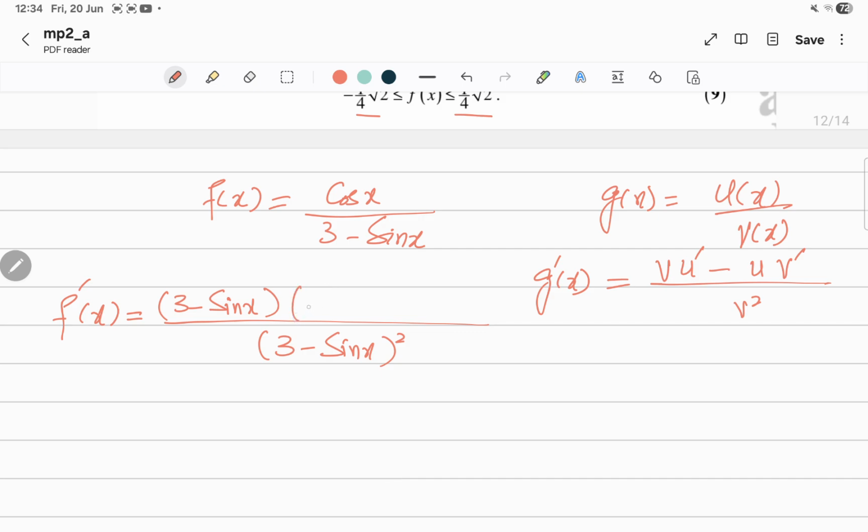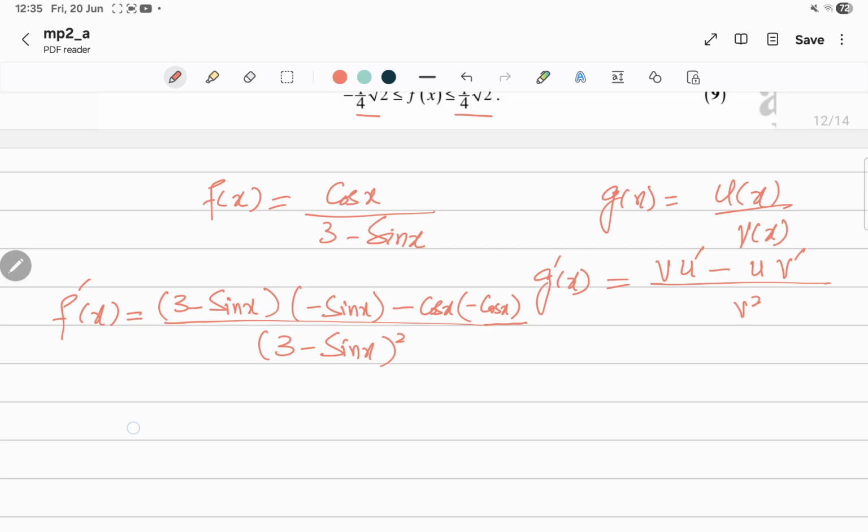So derivative of cos is minus sine, then minus due to the formula, then numerator as it is, and the derivative of the denominator. Derivative of 3 is 0, and derivative of sine is cos, so it should be minus cos, because derivative of minus sine is minus cos.